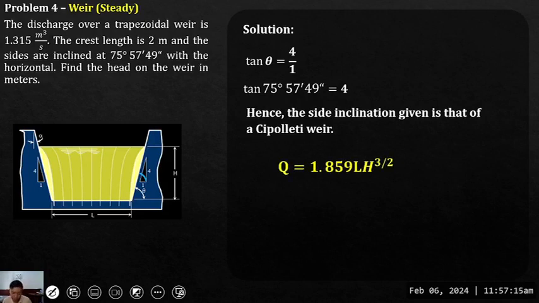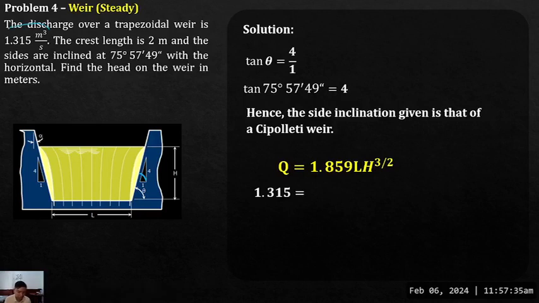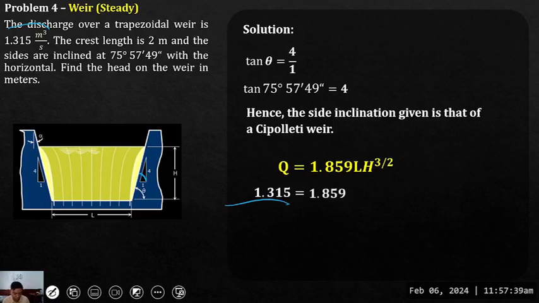So yung formula ng Cipolletti, that's Q is equal to 1.859 LH raised to the power of 3 halves. Substitute lang natin, no? Given naman yung length, tsaka yung Q given din, no? That's 1.315 ito. Sulat lang natin dyan sa Q. And then equals 1.859 times the length of the crest, that is 2 meters.